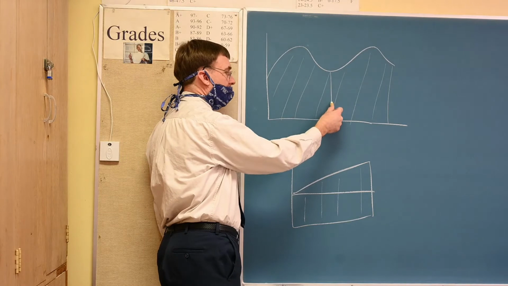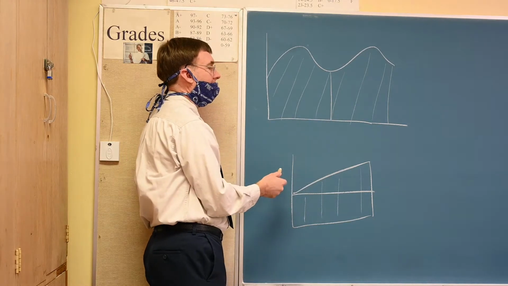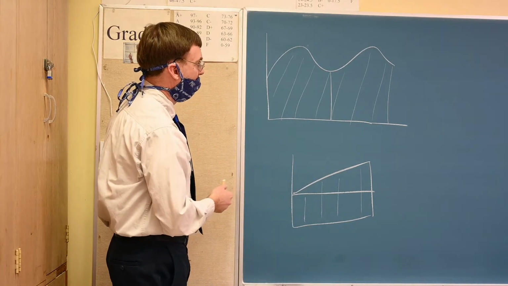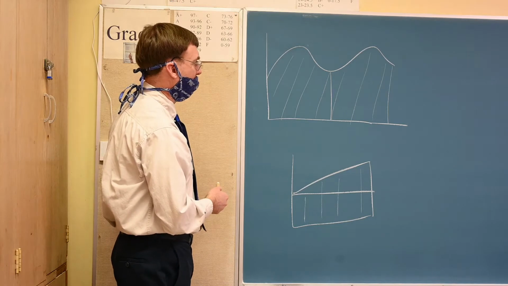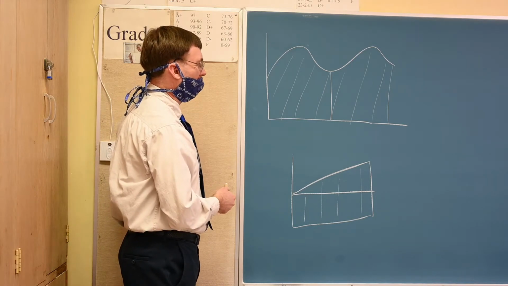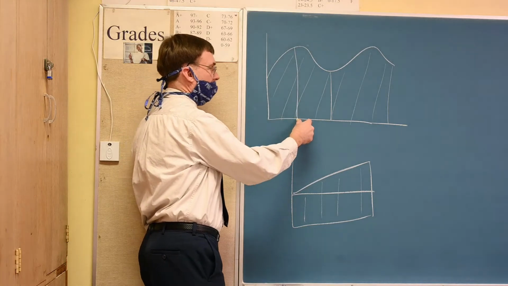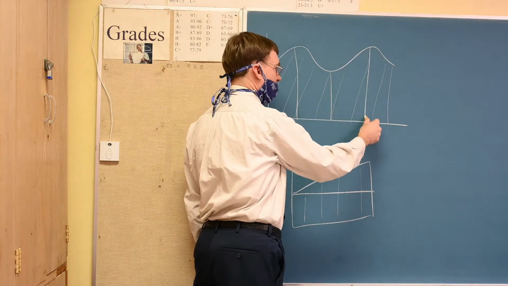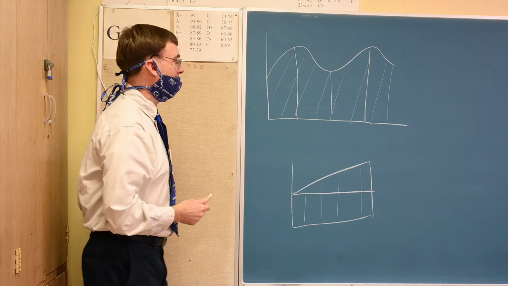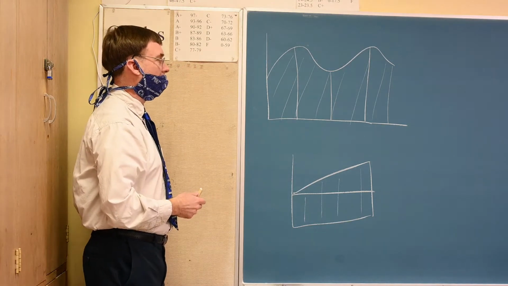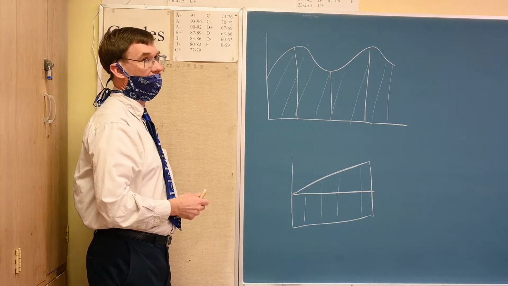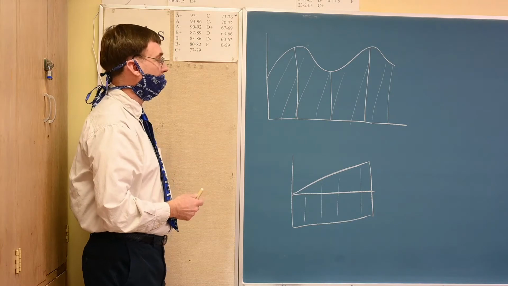But if you partitioned it, which means you cut it into pieces, if I cut that into two pieces, those aren't really still very much of a familiar shape. If I cut it into four pieces, each one of these is starting to look a little bit more like a rectangle.